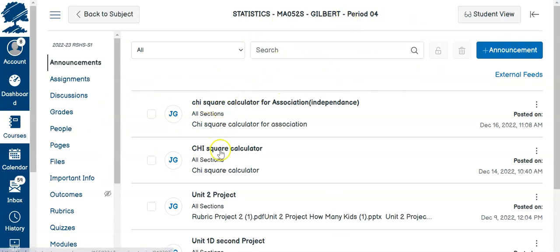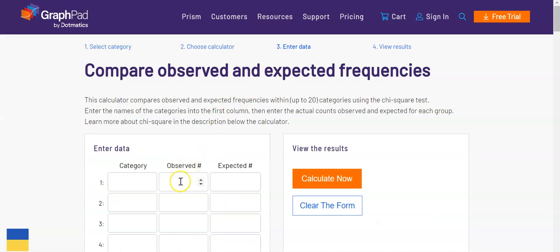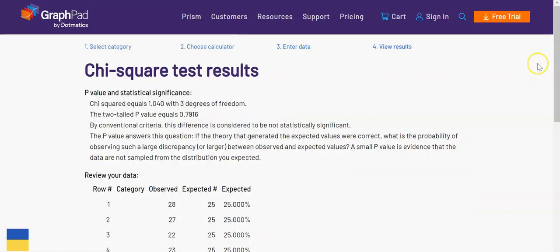So we are going to go to this chi-squared calculator, this first one, which is right here. We're going to put our observed in of 28 and 27 and 22 and 23. Our expected for all of these is 25. And then we just go calculate down.